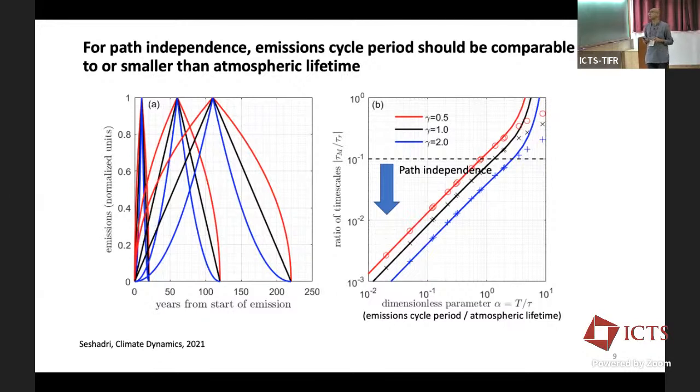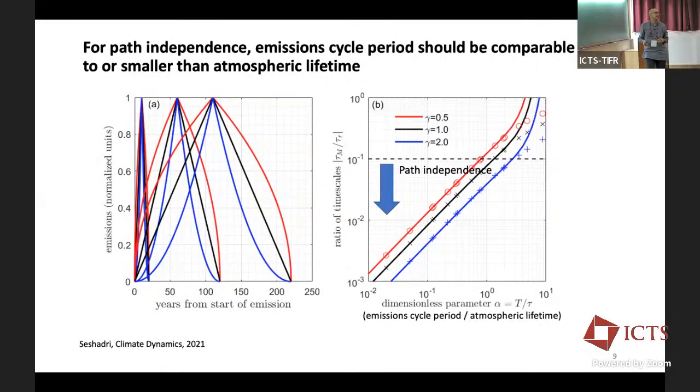We can look at this further, and it turns out that this ratio, which has to be small, is directly related to the following dimensionless parameter. It's the ratio of T over tau. What is T? It's the time. So imagine you have an emission cycle that goes up and comes down, as we do in policy studies. And so this is T, the time it takes from the start of the emission cycle to the end of the emission cycle.